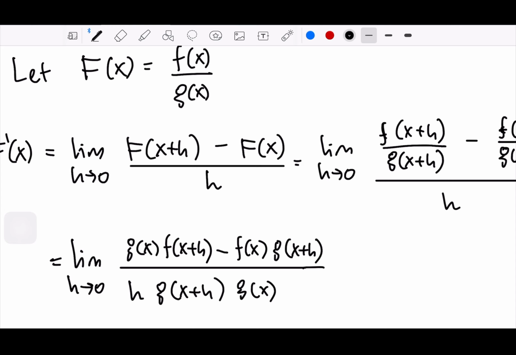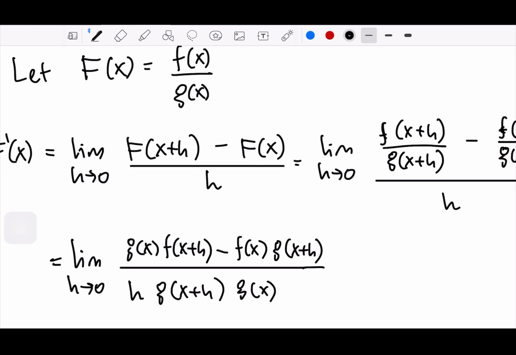If you look at this f of x plus h, to make it into f prime, we need to subtract f of x, right? So that's the first term, but we still need to add and minus something related to g of x.